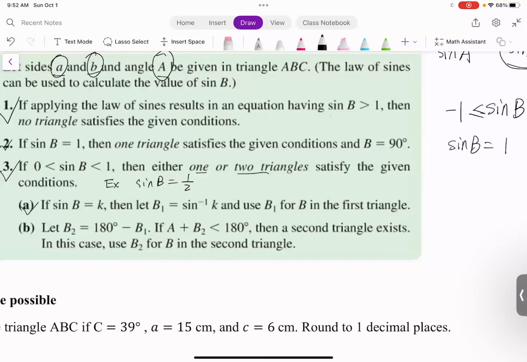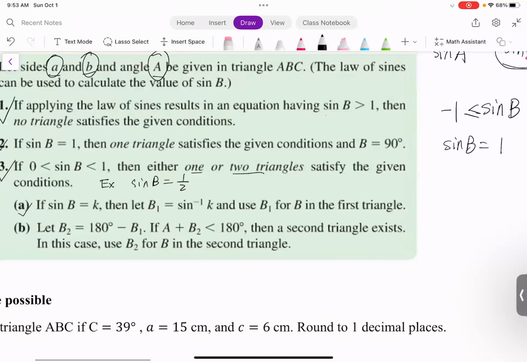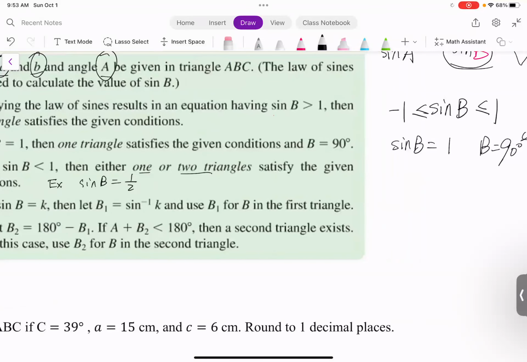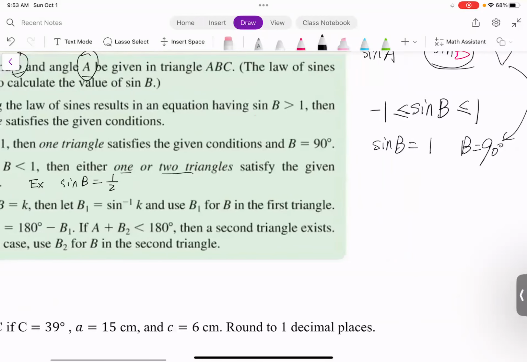To decide whether we have one or two solutions, the first step I need to do is, if sine B equals k, let B sub 1 equal the inverse sine of k. Use B1 for B in the first triangle.